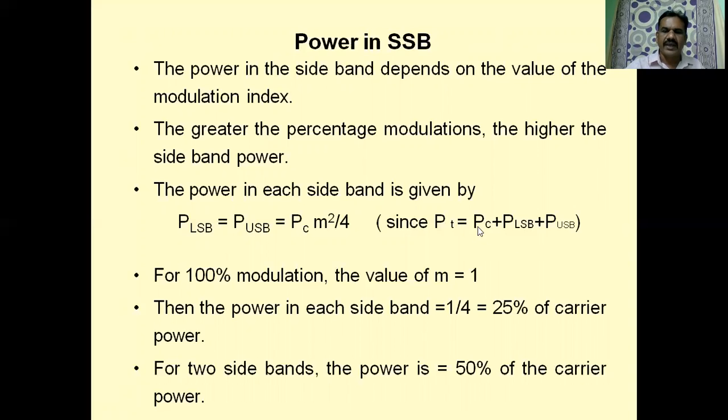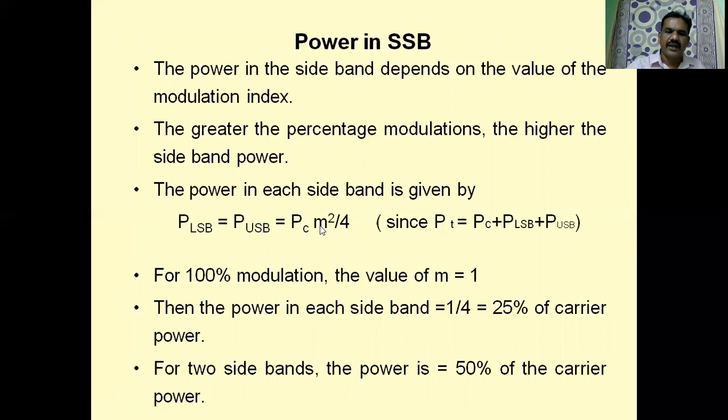So if you remove the carrier power and one sideband power, then we get the SSB modulation scheme. Hence, the total power of the SSB modulation scheme is equal to just one sideband power, either the lower sideband power or the upper sideband power. Hence, the total power of the SSB signal is Pc times m squared by 4.